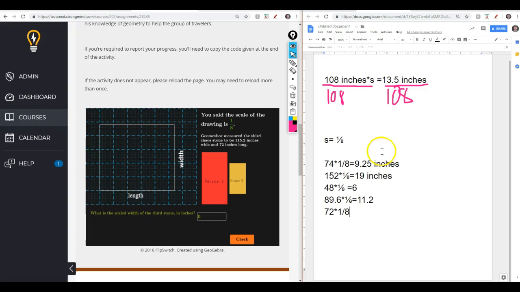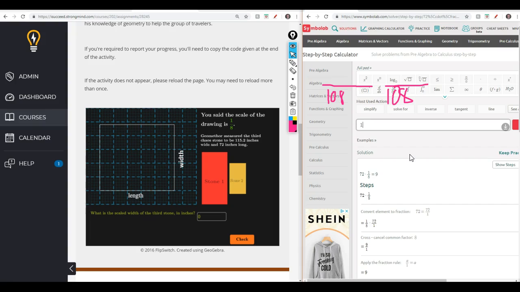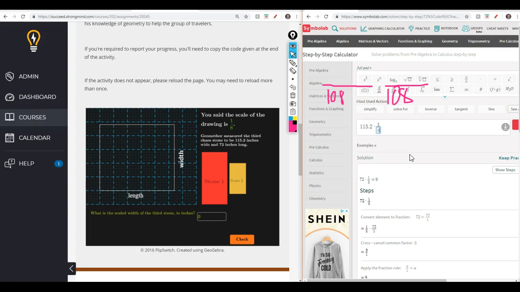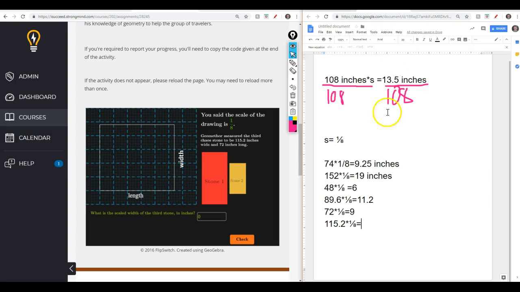And then the next one that we're setting up is how wide is it? It was 115.2. So we're going to multiply that by 1/8. That's going to equal 14.4.